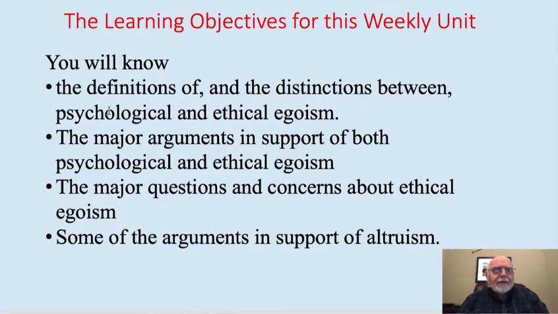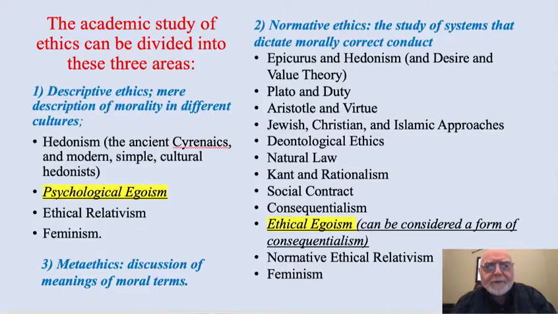In this regard, it's worthy to pause a moment and remind ourselves, for the first time, I think, that the academic study of ethics has three major areas: descriptive ethics, normative ethics, and meta-ethics.